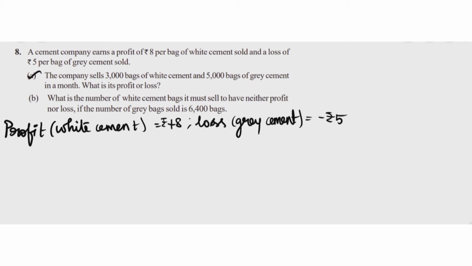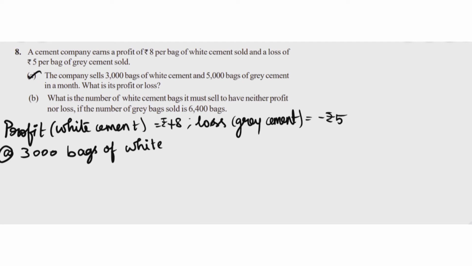What they asked here: the company sells 3000 bags of white cement and 5000 bags of grey cement in a month. What is the profit or loss? So first, we can just do it step by step. Company sells 3000 bags of white cement.